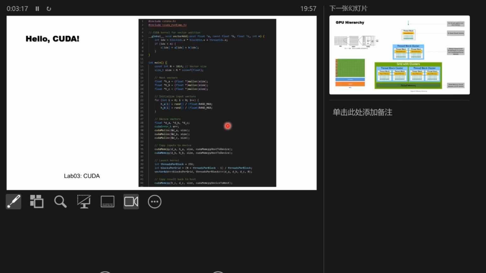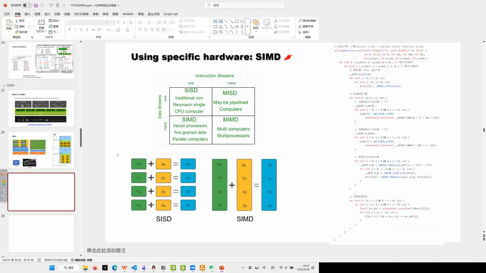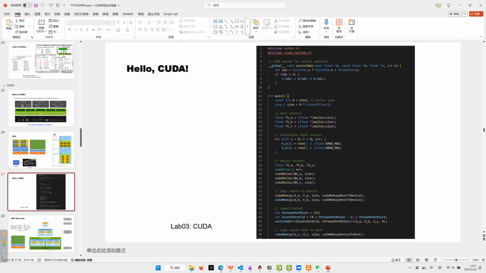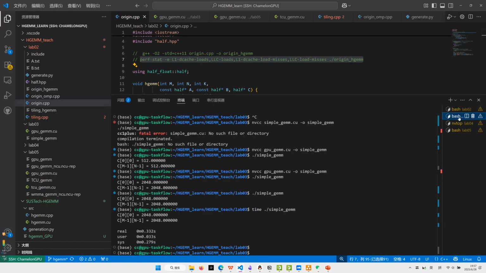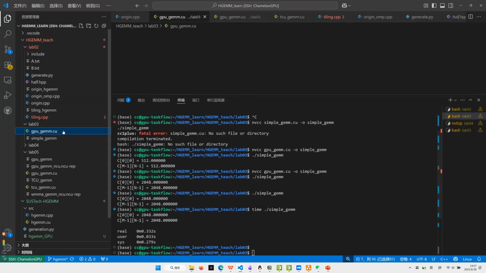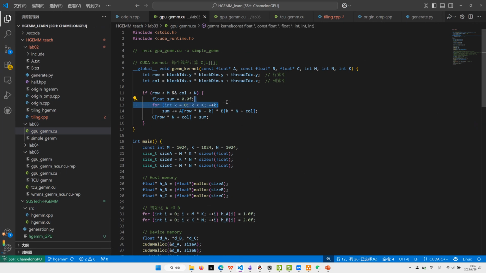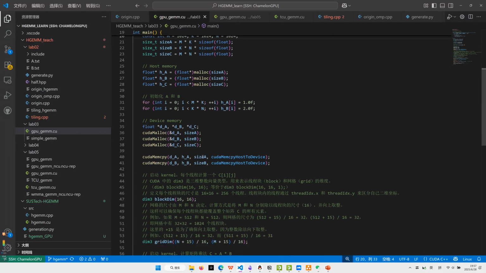Now here I will introduce CUDA using a simple example. Here you can see a very simple HGEMM program.